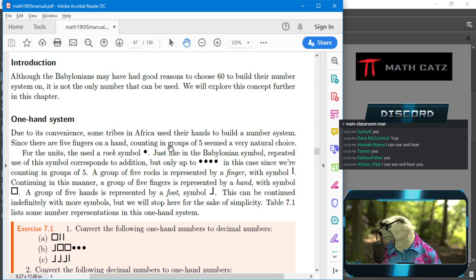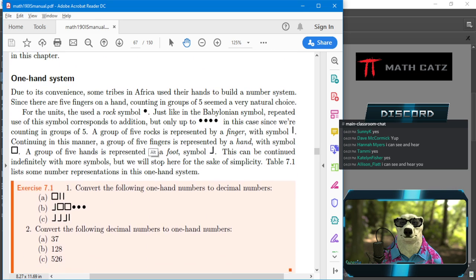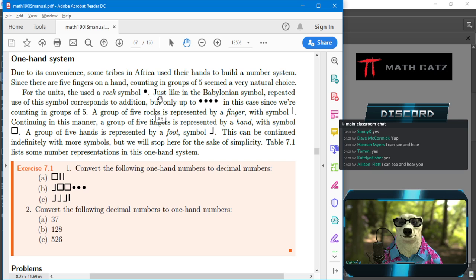So we start the next section with the one-hand system, which I tweaked a little bit to have it more in line with the rest of the systems we're doing. It's not actually how they did it exactly, but it's okay.